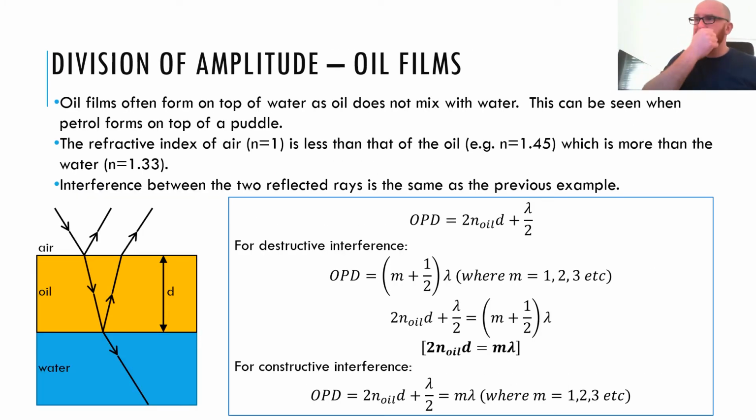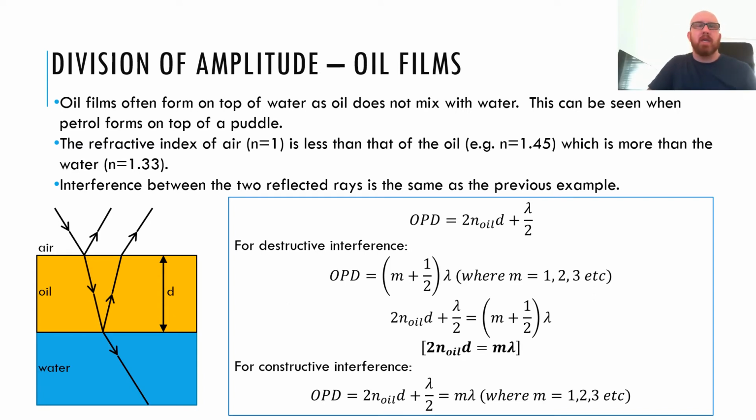The first example of this is known as oil films. Sometimes you'll see this in a petrol station where petrol has been left sitting on top of a puddle, and you get a rainbow effect appearing on top of the puddle. The light is coming in, reflecting inside the puddle and the film, and coming back up, and you see it as a rainbow interference pattern, as all the different waves interfere.